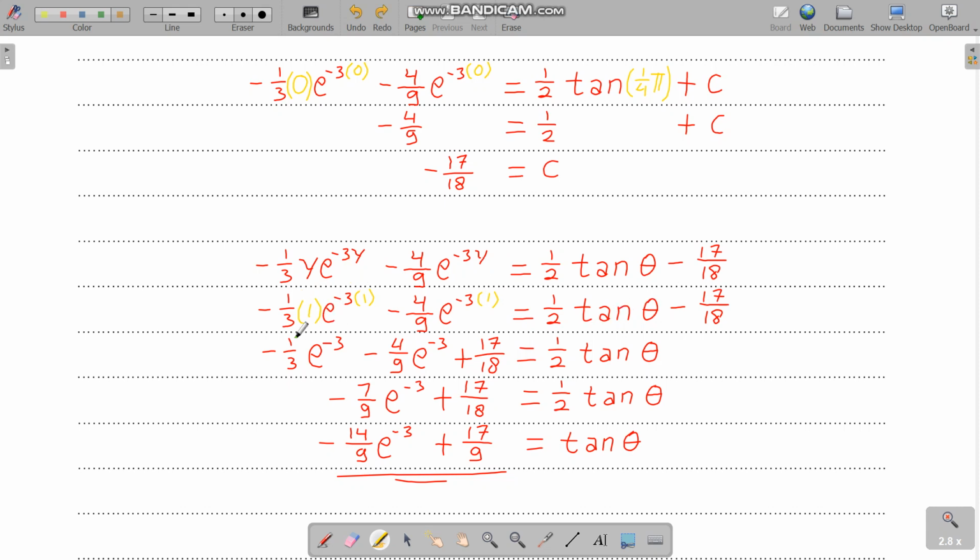So this is just minus 1/3 e to the power of minus 3, minus 4/9 e to the power of minus 3, and add 17/18 to both sides, and then we simplify minus 1/3 minus 4/9, that is minus 7/9, and then we multiply by 2, we get the final answer.